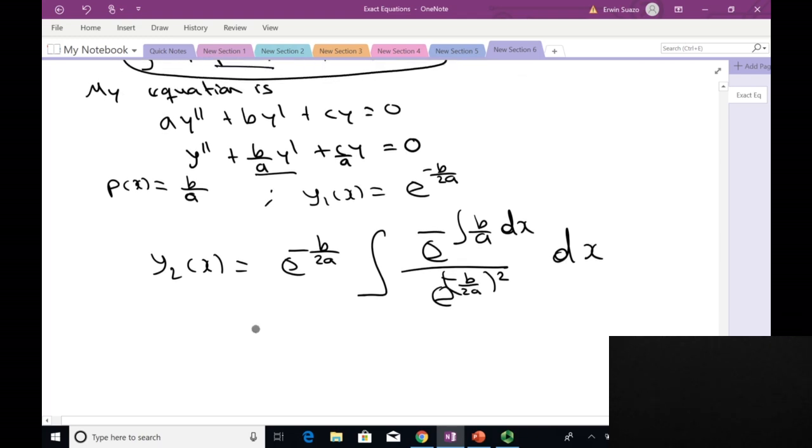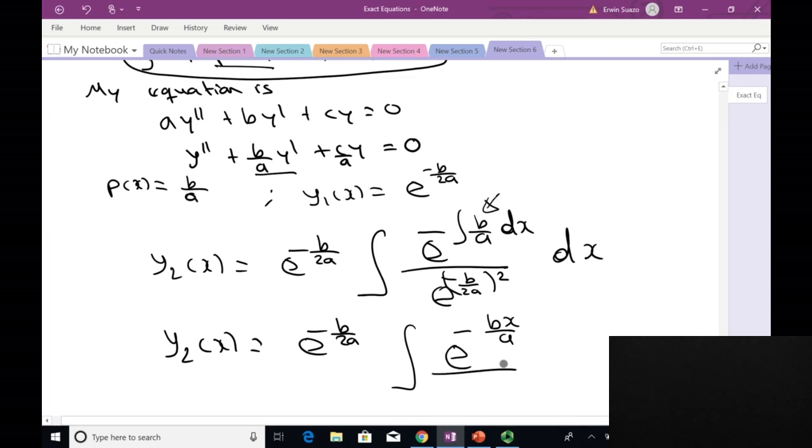So let's integrate this. y2 of x equals e to the minus b over 2a x. So what is this integral? e to the minus bx over a, and then you plug in this inside.